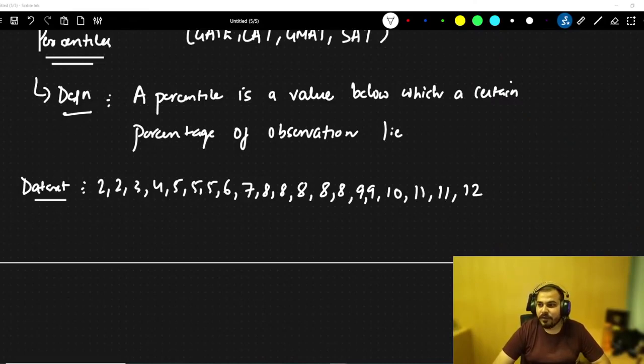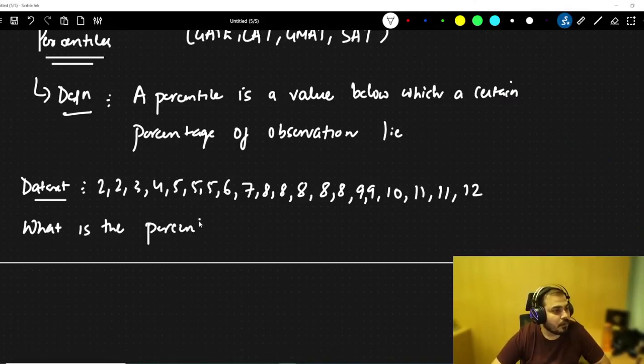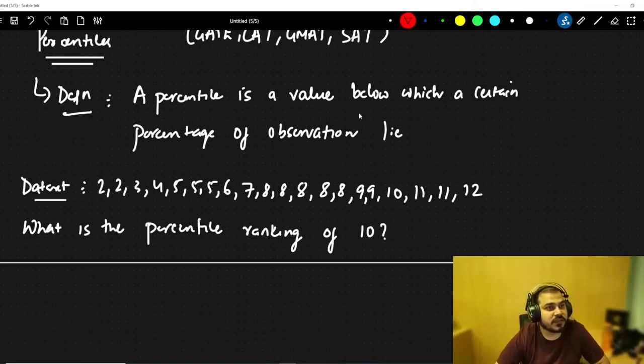In this data, I want to find the percentile. My question is, what is the percentile ranking of 10? 10 is a value over here, and I want to find its percentile ranking.